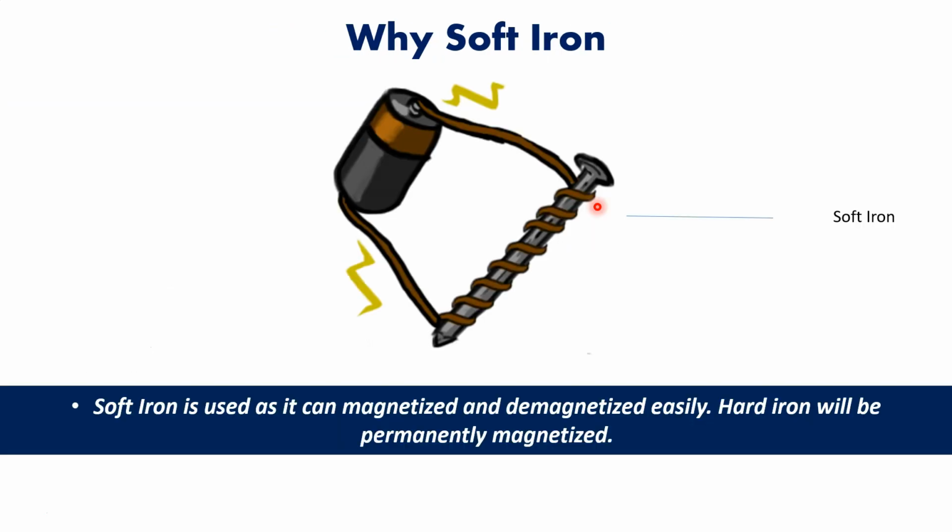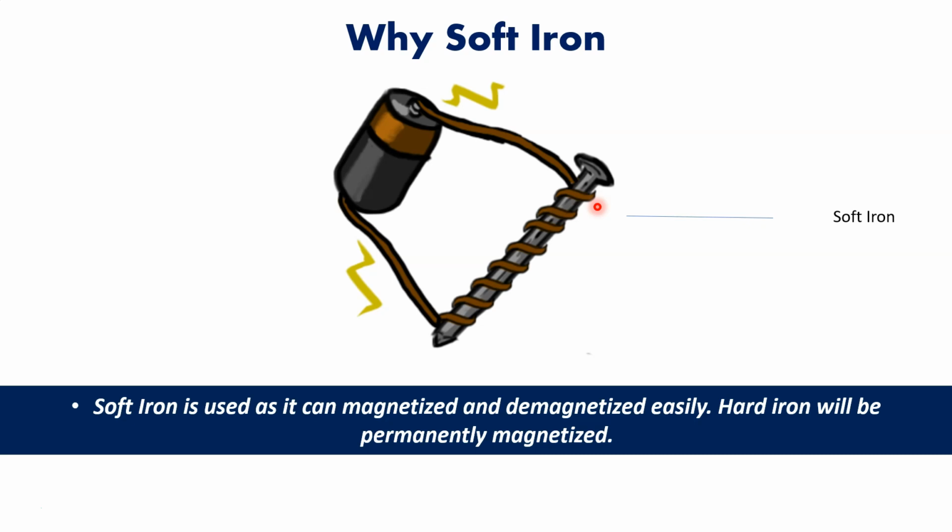Earlier I mentioned soft iron and not hard iron. Soft iron is used because it can be magnetized and demagnetized easily, whereas hard iron, as it contains more carbon, becomes permanently magnetized, and you can't demagnetize or reverse the effects of the electromagnet.